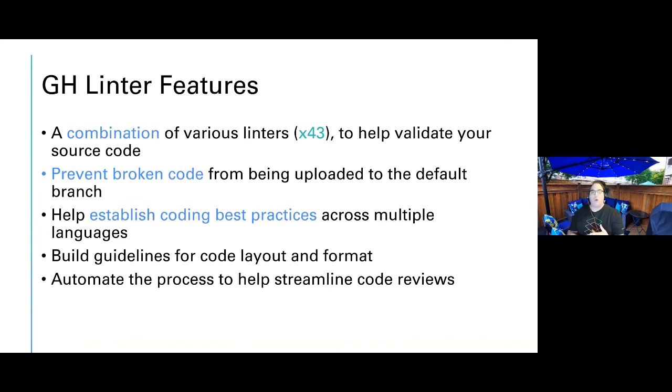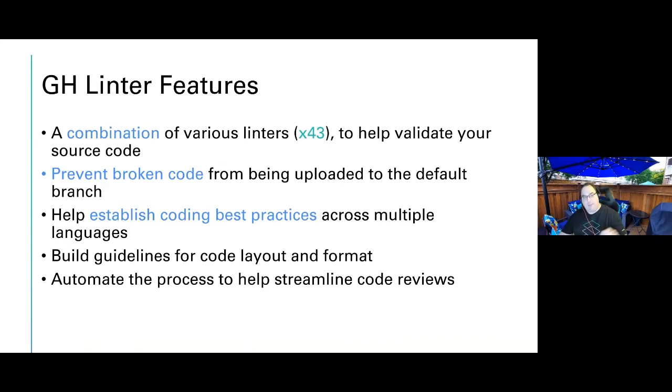Check for broken code, establish best practices, that type of thing. Not necessarily purely security focused, but it's still a good best practice to do linting on your code. Developers do linting on their code from an application perspective. We can still follow the same type of practice on the infrastructure side with our infrastructure as code as well.